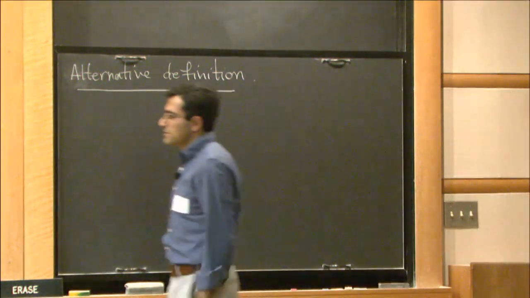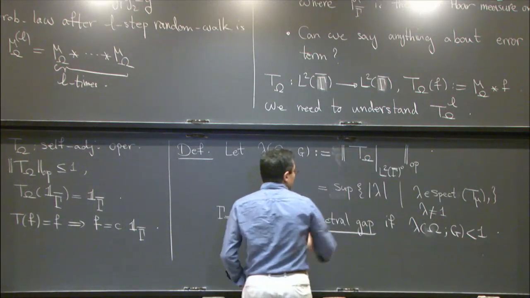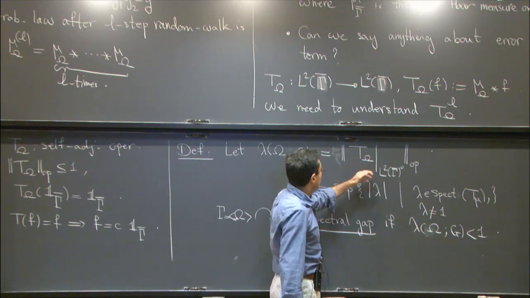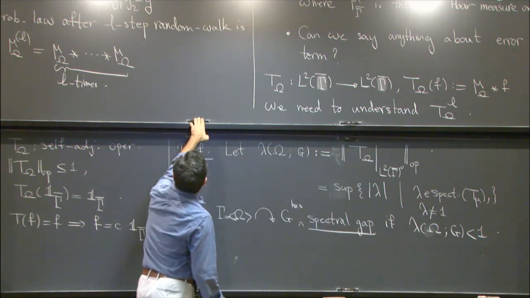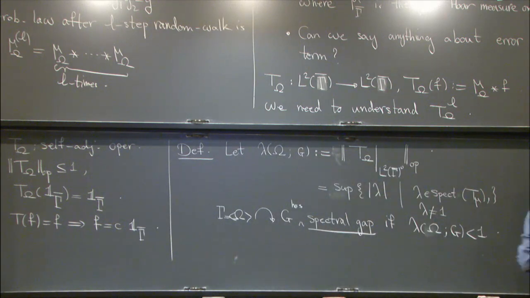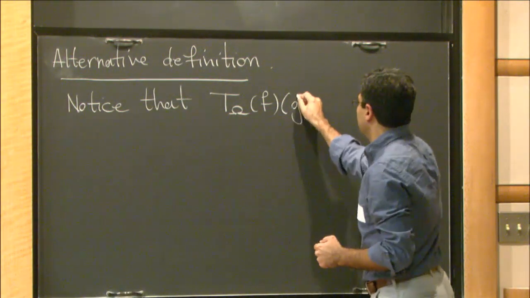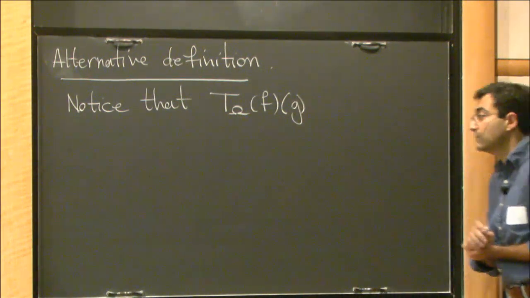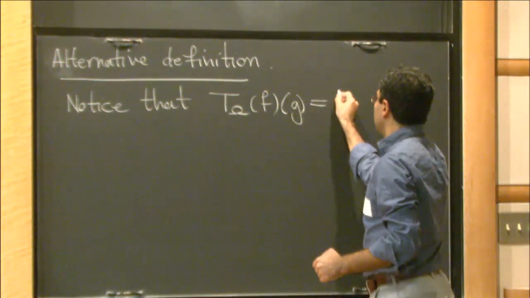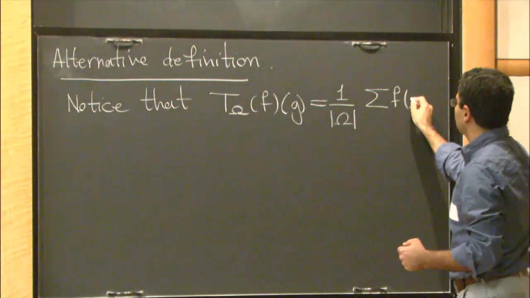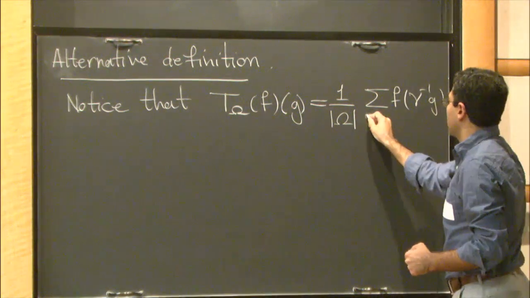Let's think about this operator. The operator is essentially an averaging operator. We are averaging over the left translates of the function. Let me write it down. Notice that T omega of f, when I apply it to a point g, so this is a function and I want to understand its value at g, is by definition 1 over the size of omega, the sum of f of gamma inverse g, where gamma belongs to omega.